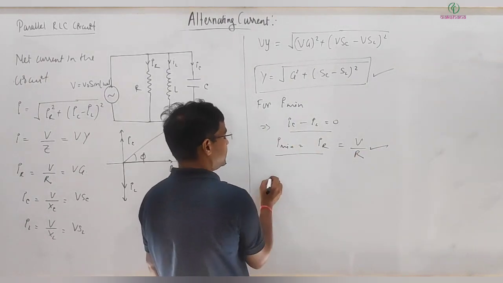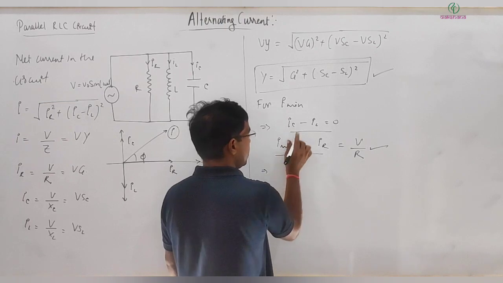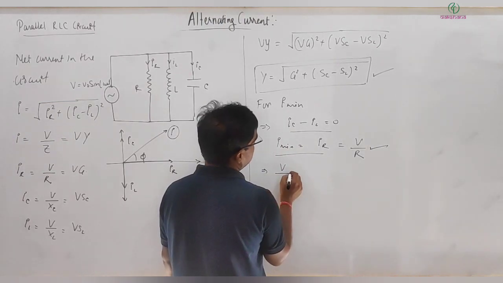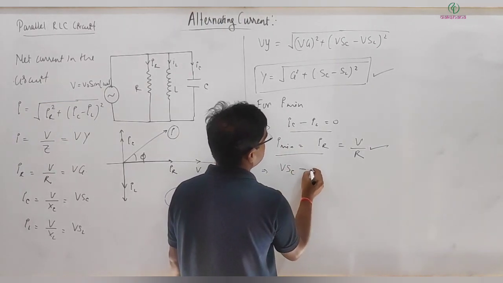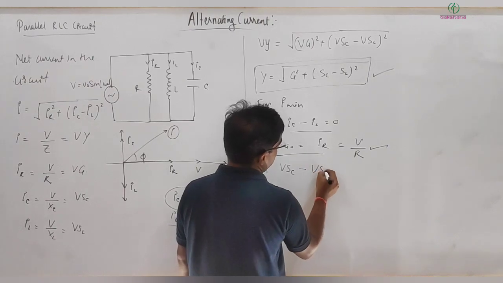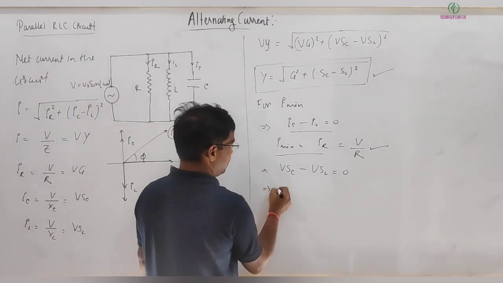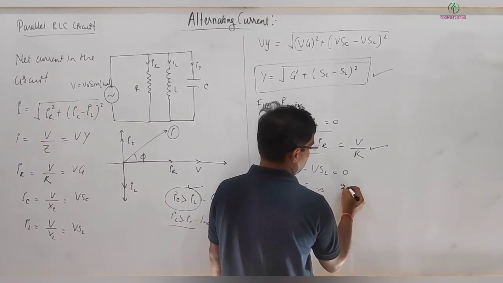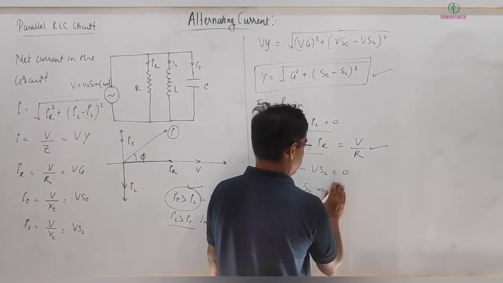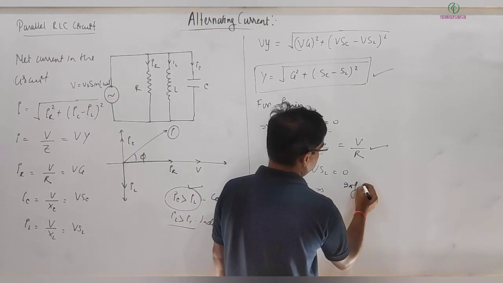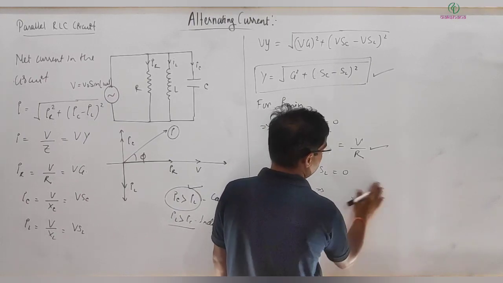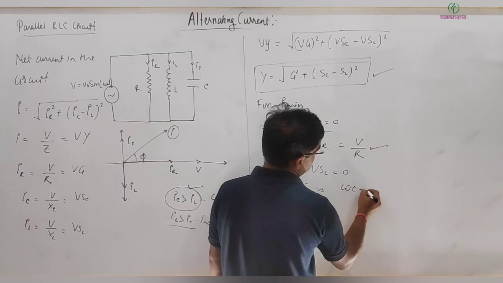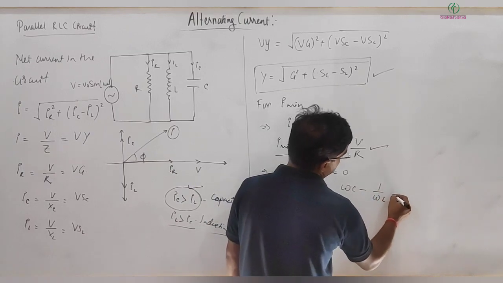And this condition implies V into SC minus V into SL should be 0. This implies SC should be equal to SL, and this implies omega into C minus 1 by omega into L equal to 0.